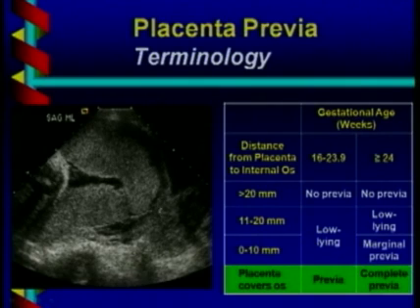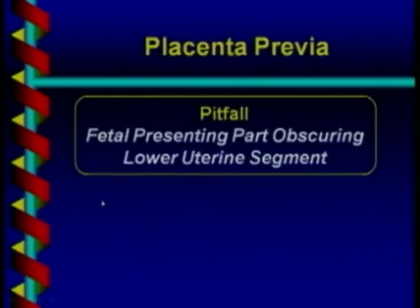There is the cervix. The placenta completely covers it. This is a placenta previa or a complete previa at any age. So those are the basic uses of the terminology.